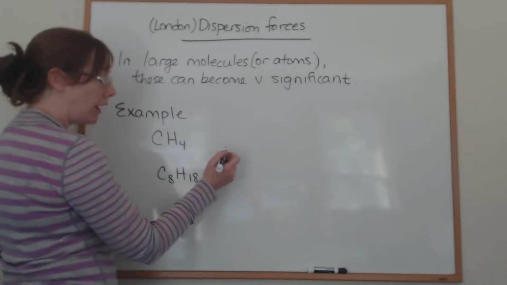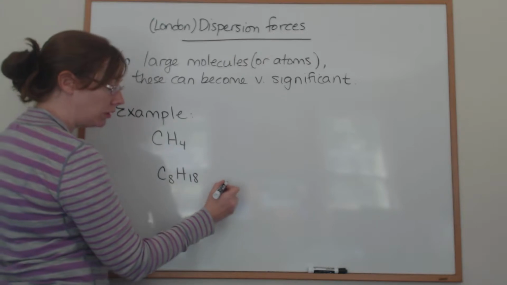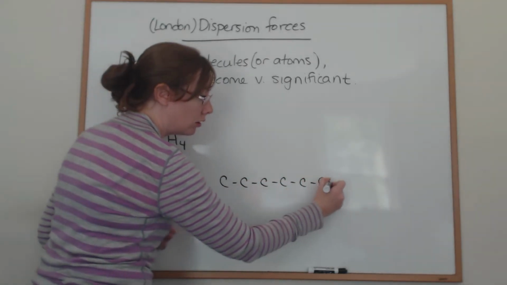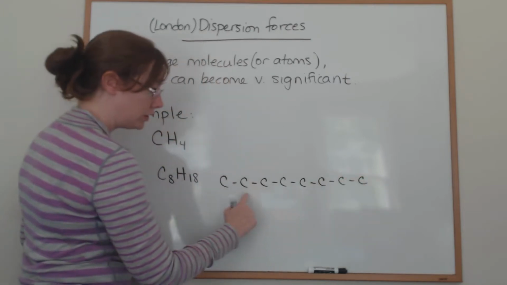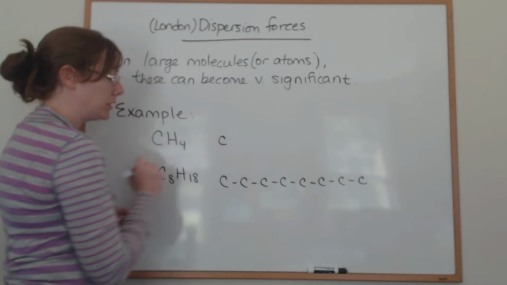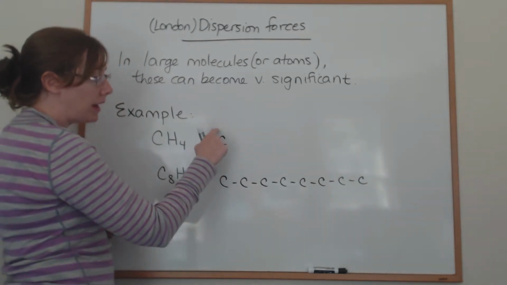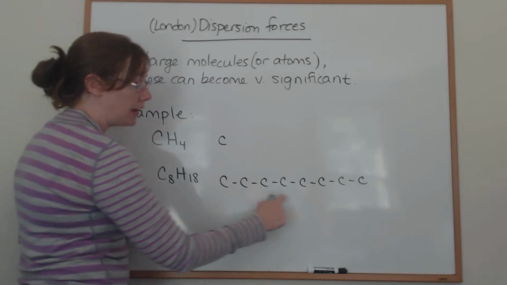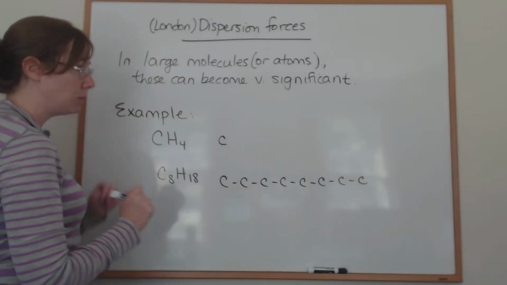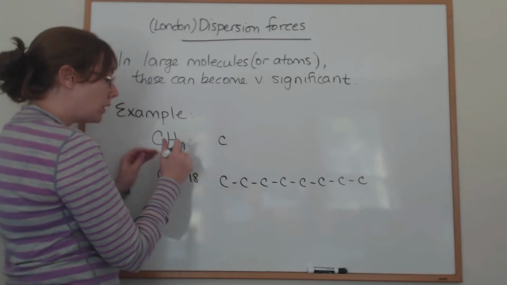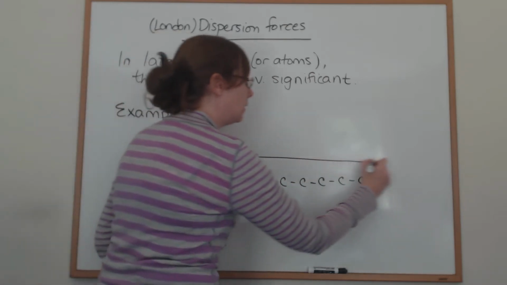But if you were to draw it, it would look like 8 carbons all in a row. 1, 2, 3, 4, 5, 6, 7, 8. And this methane would just have 1 carbon. Now, it would have all the hydrogens as well, but let's keep things simple. So let's just deal with one thing at a time.